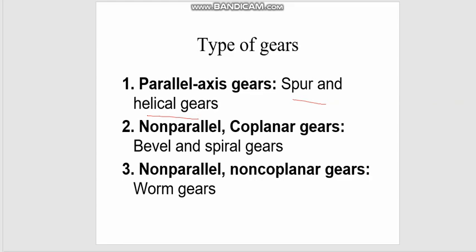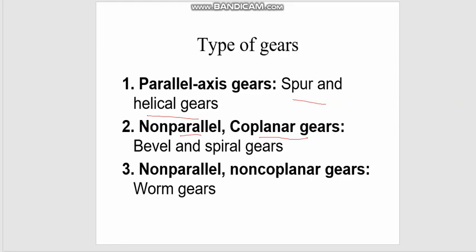The naming convention is looking at the axis of the two gear systems that are meshed together, right? So the second type of gear is non-parallel coplanar gear. It indicates that the gears are not parallel. The gear shafts are not parallel to each other, but they are in the same plane.